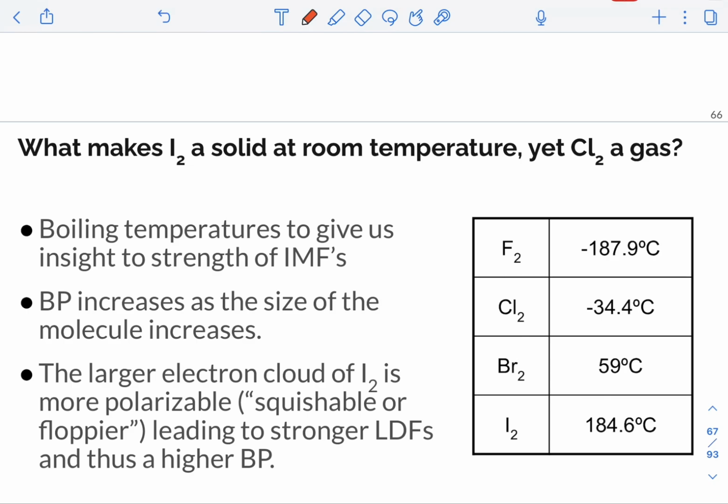So we know that iodine has a much bigger size than chlorine. So that means it's more polarizable. LDF is going to be stronger in iodine. We're going to need more energy to overcome those interparticle forces. So the more energy you need, the higher boiling point you will have.